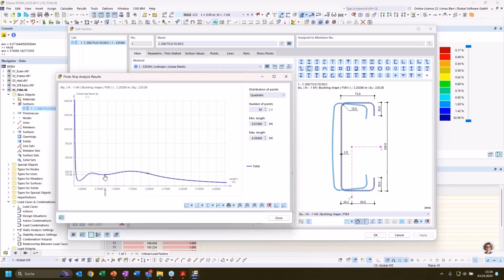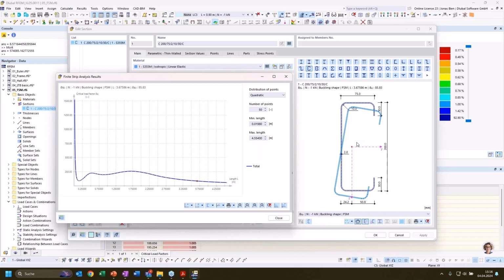So for a member length of around 90 centimeters or something, we would see this distortional buckling mode where, as I described earlier, we see this bending of the whole cross-section. And when we go even further, we see that the cross-section deformation is governed by rigid body motion, which resembles global buckling again of our cross-section.